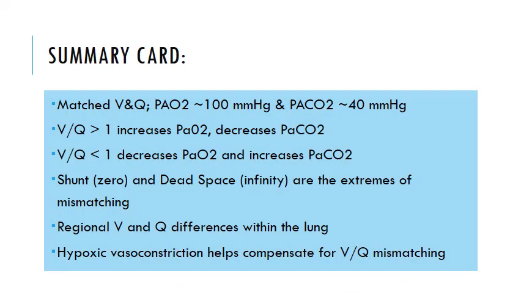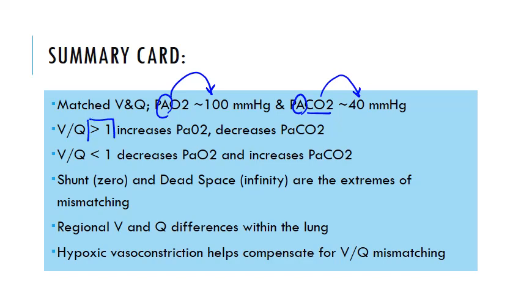V and Q must be matched for optimal gas exchange. VQ ratios close to 1 result in alveolar partial pressure of oxygen being about 100 millimeters of mercury, while alveolar CO2 is about 40 millimeters of mercury.